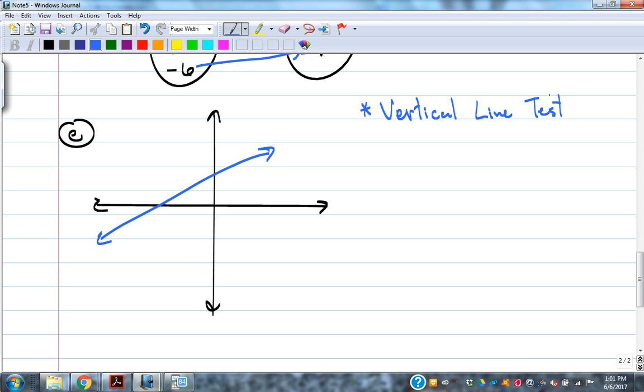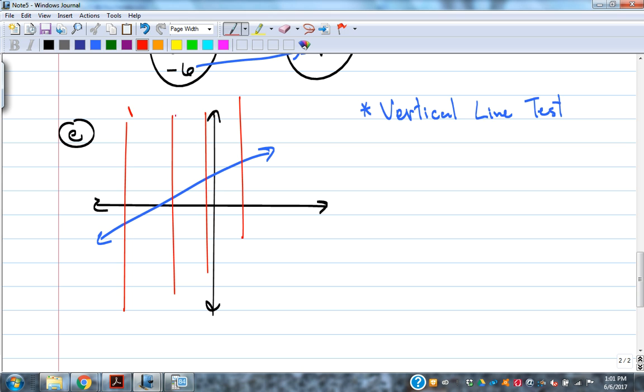The vertical line test, what you do is you take a vertical line and you drop it everywhere on that graph. So I would just take a vertical line and try to find a spot where, if I drop a perfectly vertical line, how many places is each individual vertical line touching that blue line?